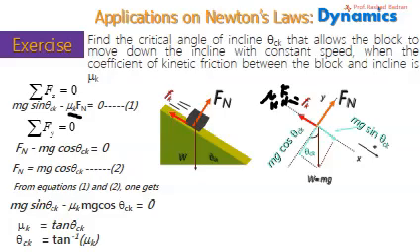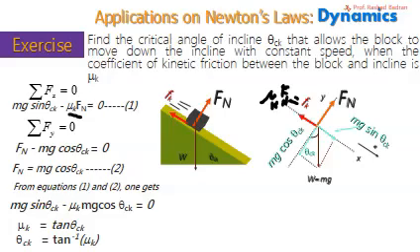We have a very important notice as we compare this part to the previous one. In the previous one we got the critical angle as tan inverse mu sub s, that is tan inverse the coefficient of static friction. And in this case we got the angle tan inverse mu sub k, and mu sub k is the coefficient of kinetic friction.